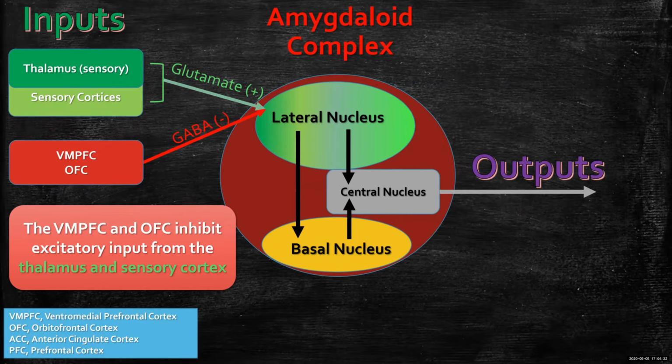The ventromedial prefrontal cortex and the orbitofrontal cortex are very important in diminishing the response to external input. So what I mean by that is they reason and they assess and they say, well, this is not really a big deal. This is not anything to be worried about. And it inhibits the activating input from the cortex.